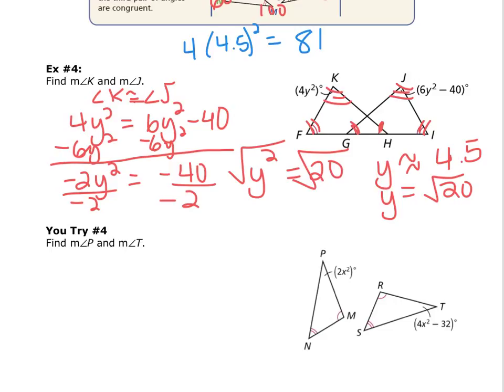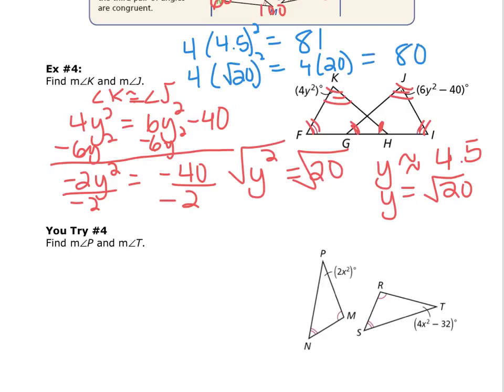Now, if I leave it as the square root of 20, and I do square root of 20 quantity squared, when I take the square root of 20 and then turn right around and square it, I'm left with 20. So I'm really doing 4 times 20, and when I do it that way, I get 80.